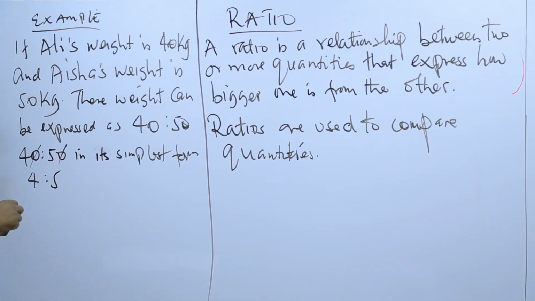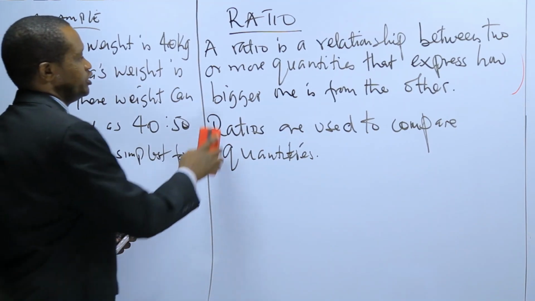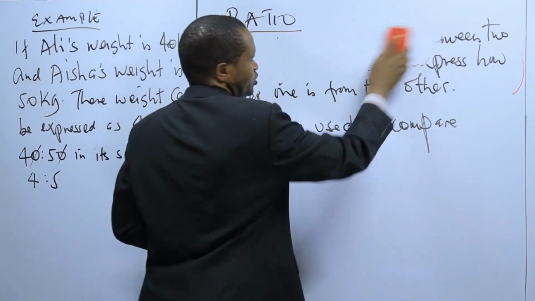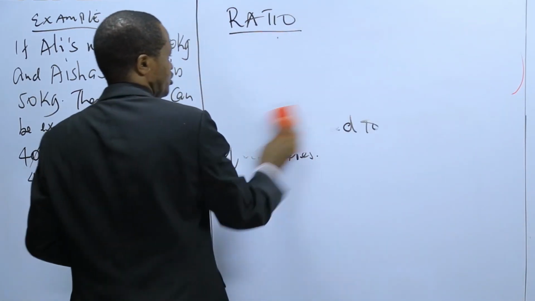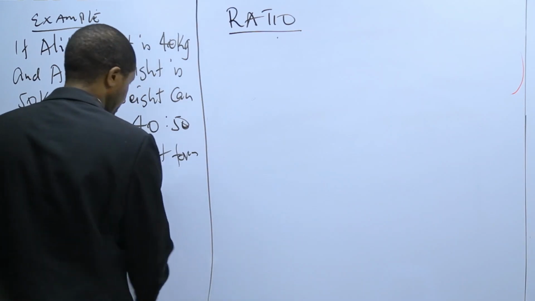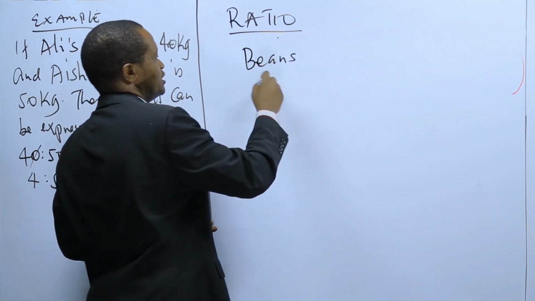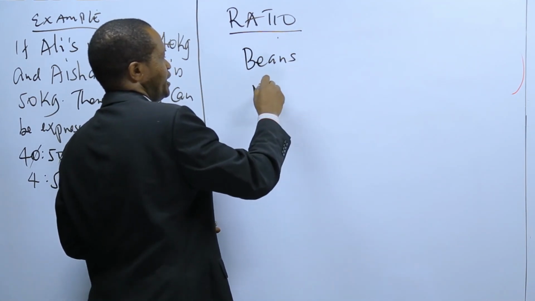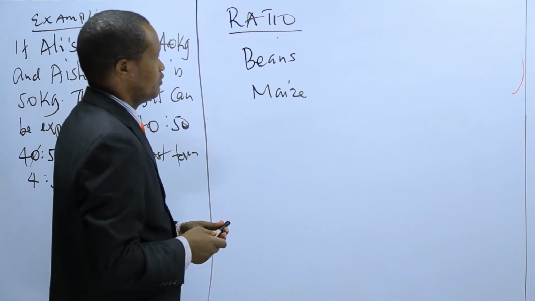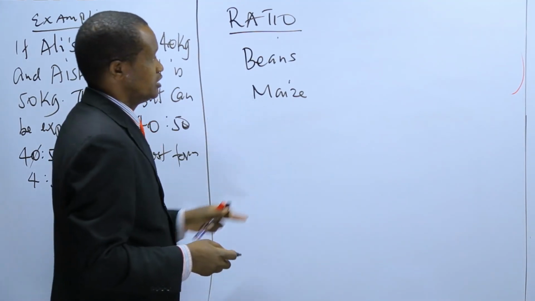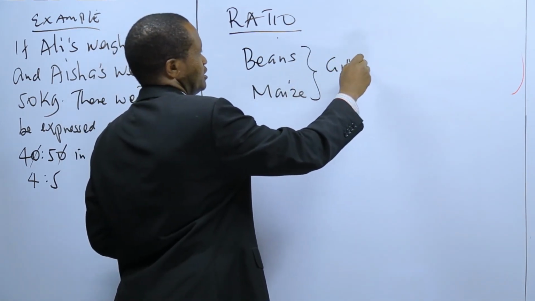Another example would be if you are to prepare a meal comprising a mixture of beans and maize. Traditionally, this is what we call githeri.